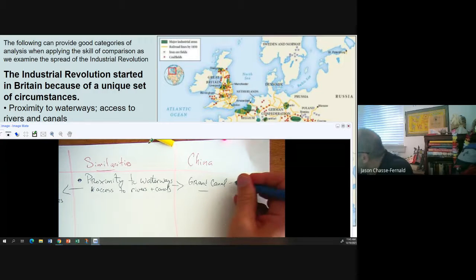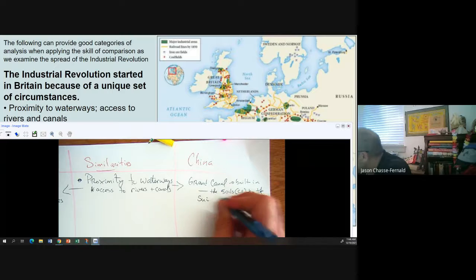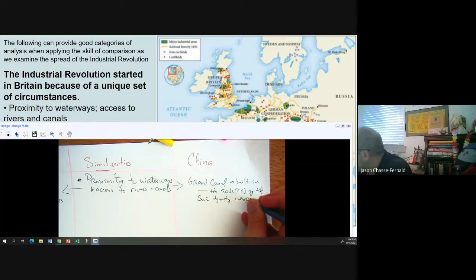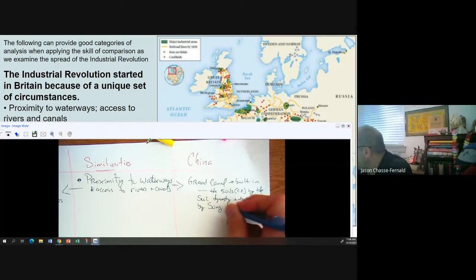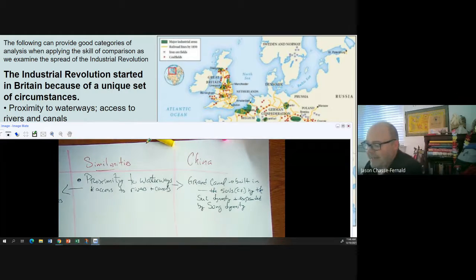The Grand Canal was built in the 500s Common Era by the Sui dynasty, and expanded by the Song dynasty. So there's a pretty large network of canals that already exists in China.